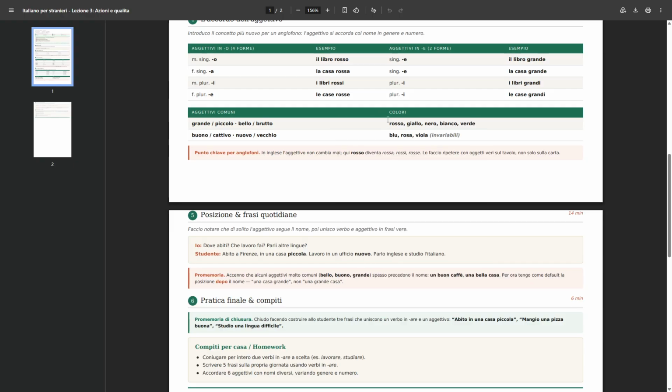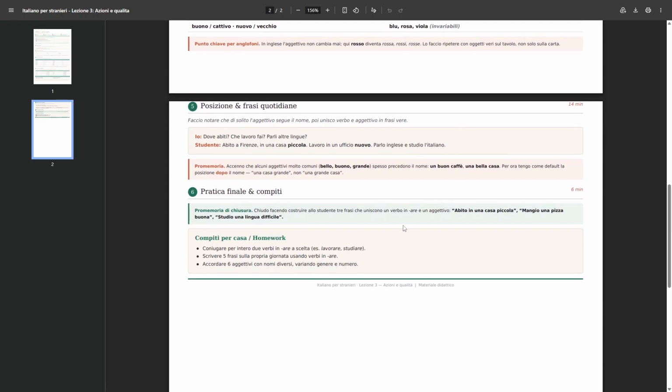It's very similar to rosso, but it's not rosso in the feminine, because red in the feminine singular has a double s, and this doesn't. So rosa means pink. And then we have viola, that means purple.